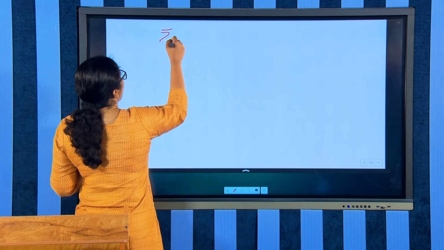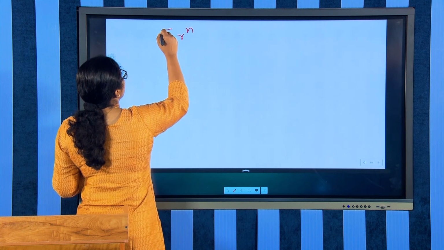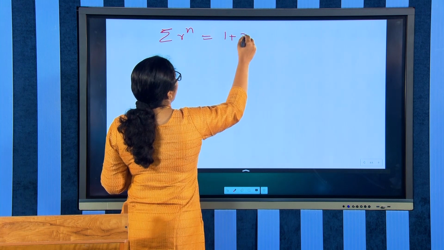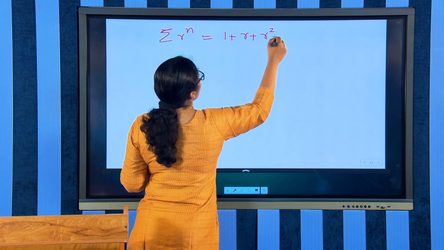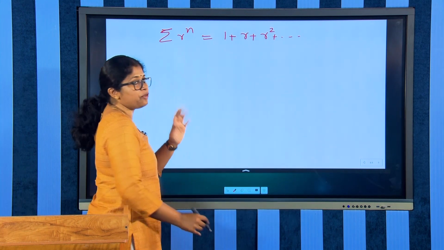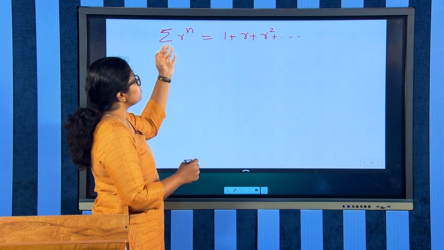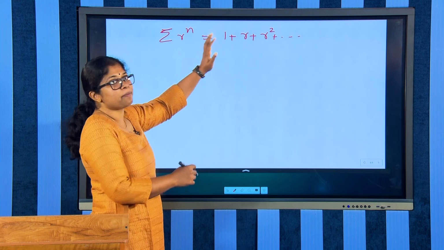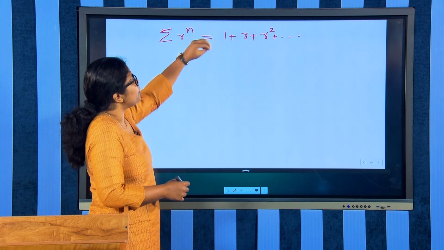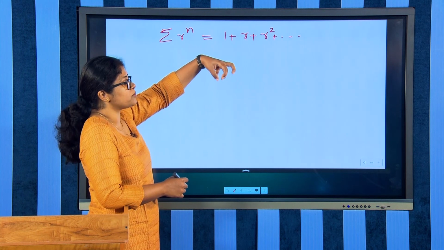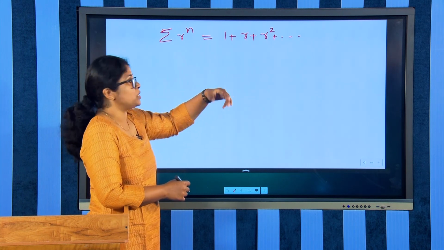Summation r power n is nothing but 1 plus r plus r square plus etc. up to infinity. Even if you start with n equal to 0 or n equal to 1, that does not matter, because if we add one drop to an infinite ocean, infinite number of drops of water, it is not going to change.